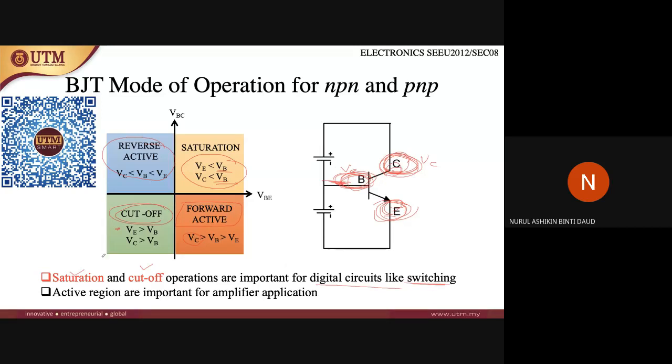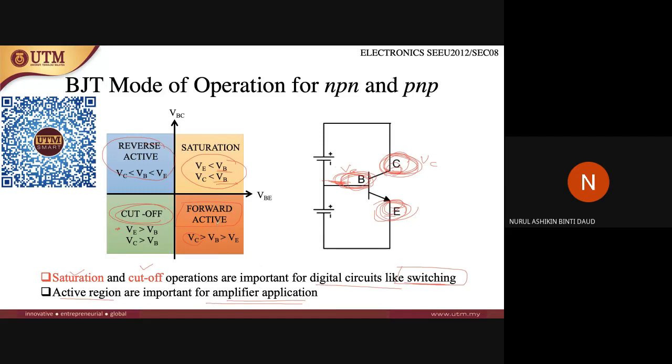These two states are very important to identify in order to use the transistor for switching, where you switch the circuit on or off over time. The active region is important for amplifier applications.